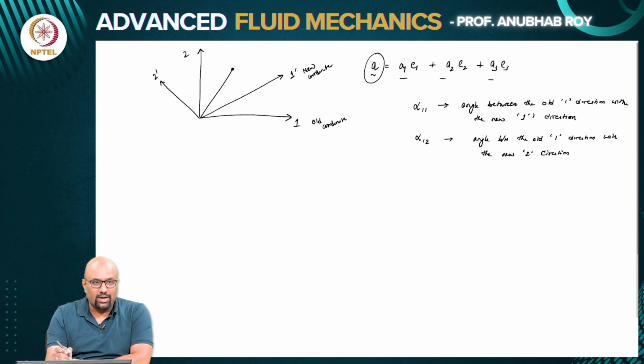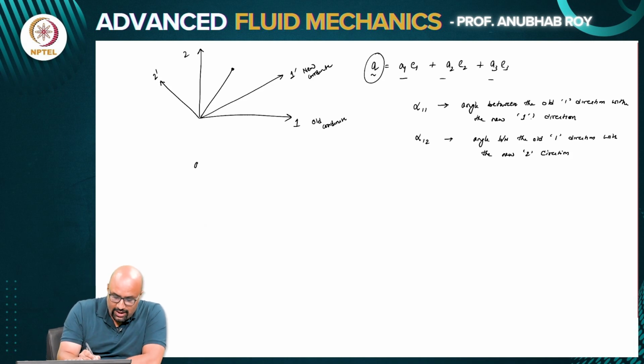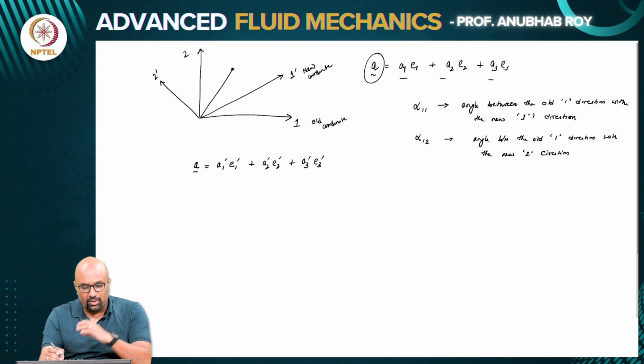So in this manner, you can basically define all the angles that would actually be there. In which case, now I can say that I have the vector with components A1 prime E1 prime, A2 prime E2 prime, A3 prime E3 prime. So, I have just done a rotation of coordinate system.